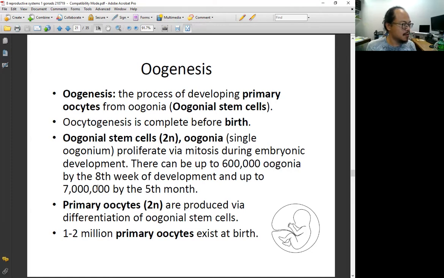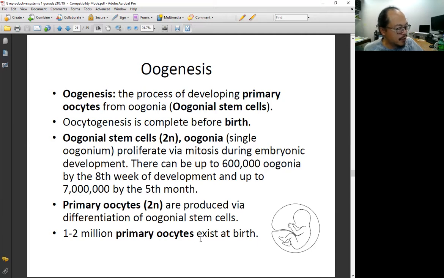But then they will stop reproducing themselves. They will start to differentiate into the primary oocytes. And so by birth, there will be about 1 to 2 million primary oocytes. So there will be no oogonia.